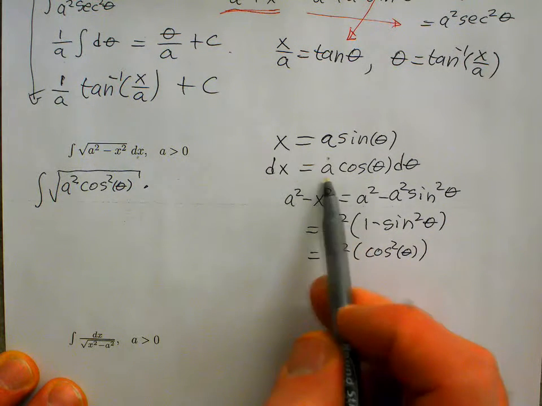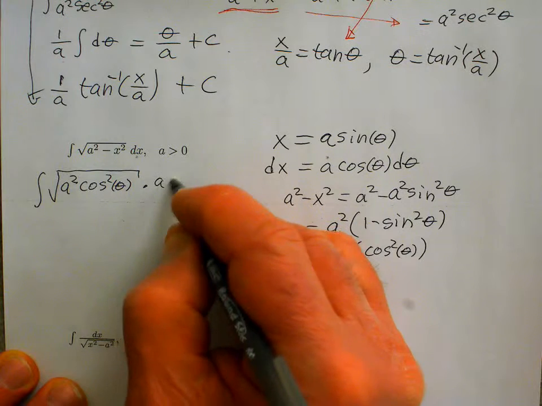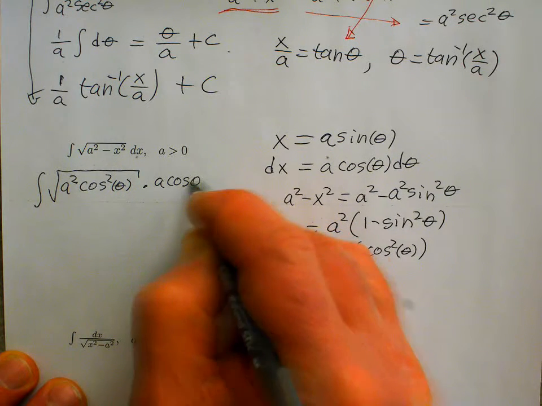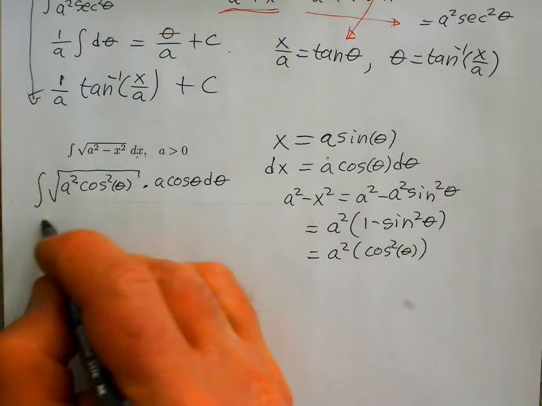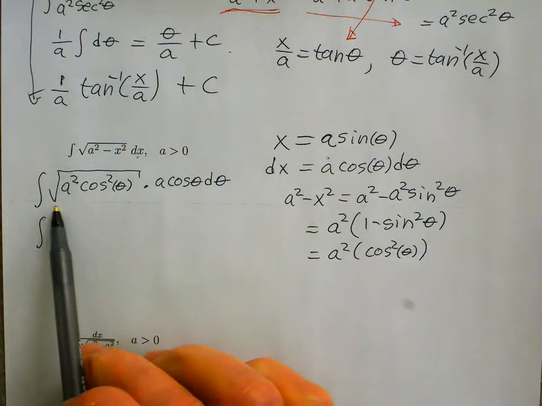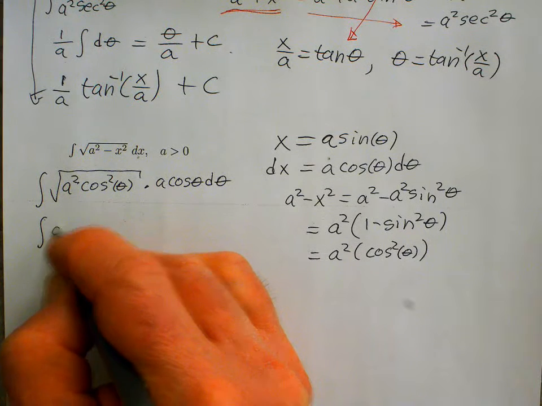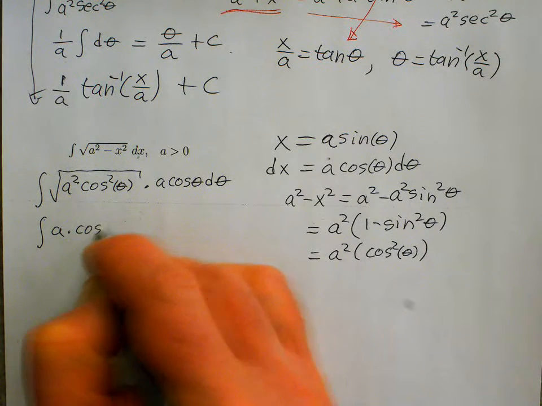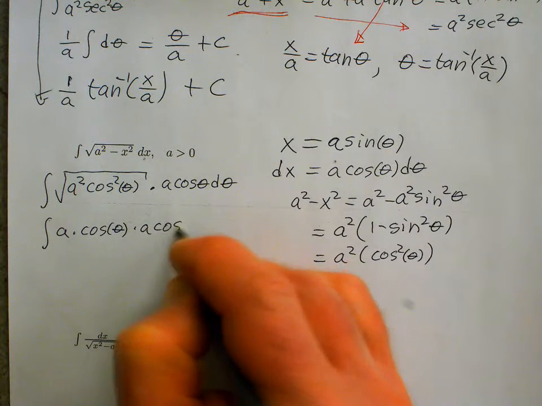Dx is a times cosine of theta d theta. The square root of a squared times cosine of theta squared is a times cosine of theta, and then times a times cosine of theta.